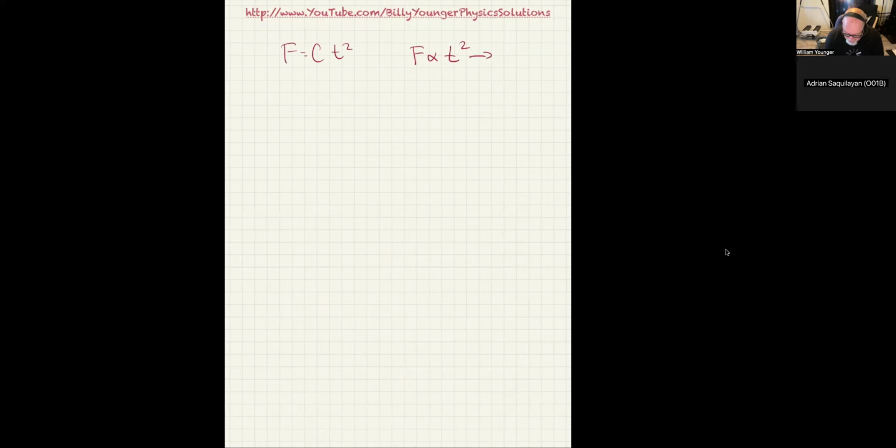But in order to make that an equation, you say F equals, and normally we use k, but they were probably anticipating us using k for the spring constant, so they did that. So the summation of forces is equal to mass times acceleration, which means in this case Ct squared is equal to mass times a. So a is equal to C over m times t squared.